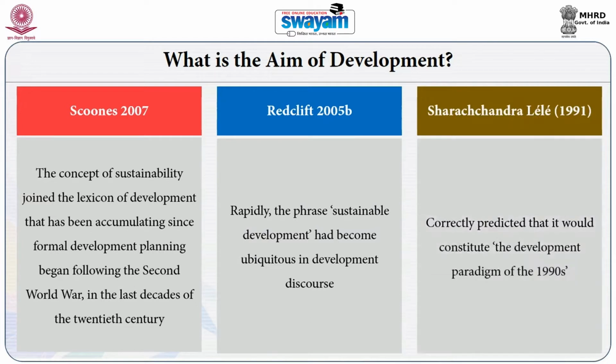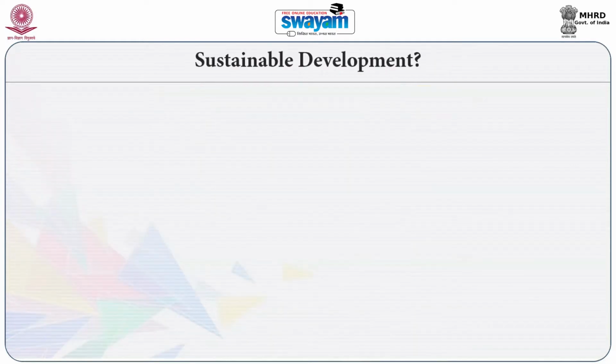Sharad Lele, in fact, the person whose paper I am relying upon for this particular part, said in 1991 that the idea of sustainable development would define the way we understand development in the years to come. And he was right. So what is sustainable development?